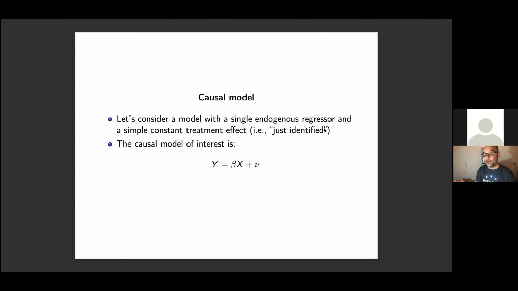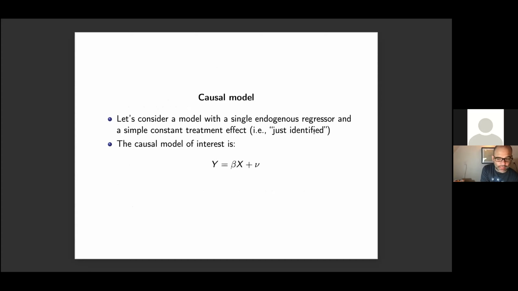So let's consider a model. What we're going to do is highlight the issue that they may be facing mathematically, and try to understand this issue that I've been alluding to a little bit better.